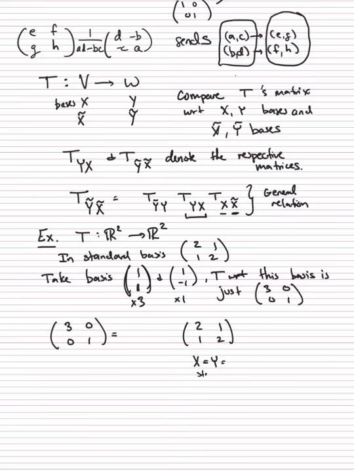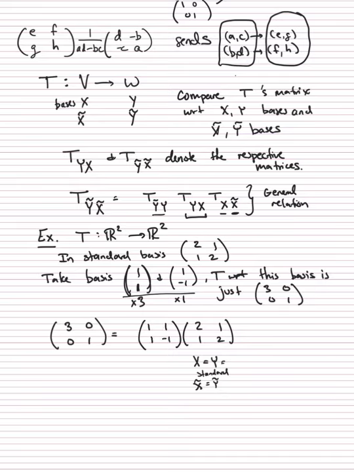They're both the standard bases. And X tilde is equal to Y tilde as well. They're the new basis here. So to go from the new basis to the old basis, we know this one. This is just the images of our vectors, so 1, 1, 1, negative 1.